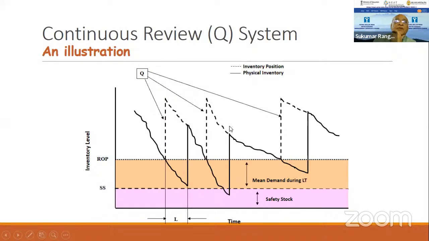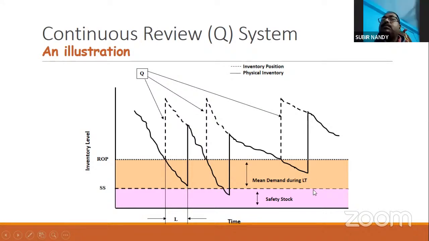So continuous review systems. This you see is the safety stock here. I'm not able to take the cursor there. Here. This is the safety stock. Mean demand during lead time.